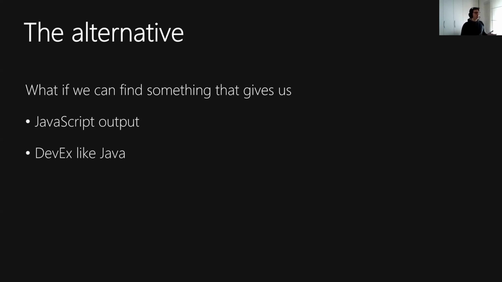It should give us a development experience similar to what we have now in Java, maybe a similar syntax, maybe similar tooling, similar build tools, and something that has a rich SDK because we are used to the JDK. We are used to have pretty much everything we need in a single place, and we don't want to lose too much time looking for third-party dependencies because those third-party dependencies require maintenance effort.